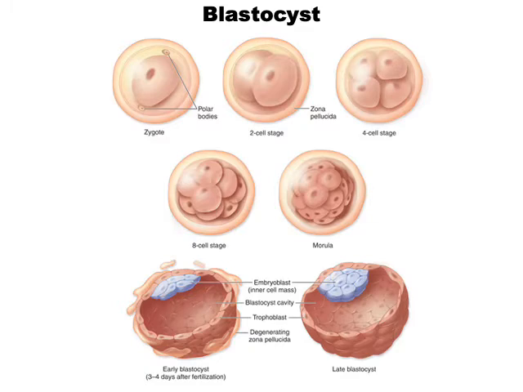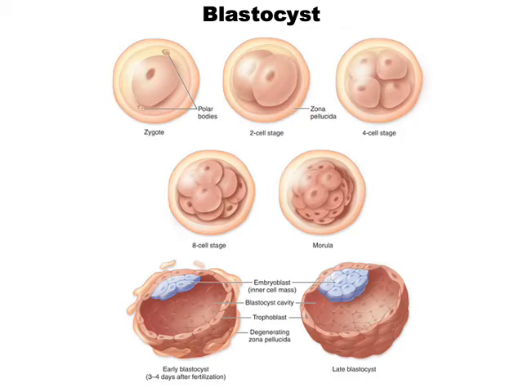Here you can see again the stages of cleavage up to the morula, and once the morula enters the uterus, 3 or 4 days after fertilization, you can see the difference between the early blastocyst and the late blastocyst. The blastocyst is differentiated into the embryoblast, which is the inner cell mass, the blastocyst cavity, and a layer of cells called the trophoblast.